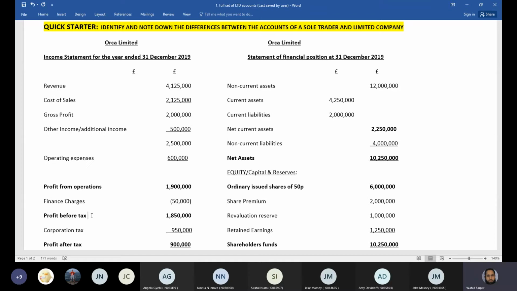This is the way to learn. Amy is asking, is shareholders' funds the same as closing capital? Yes, absolutely. Shareholders' funds is the same as closing capital, which of course is the equivalent figure of net assets. Good question.